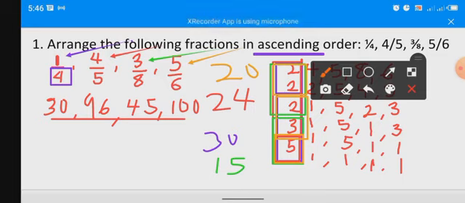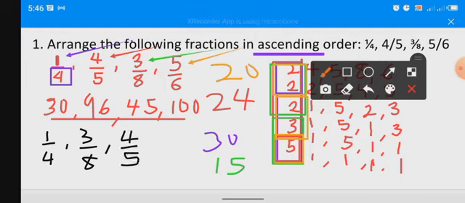So that means 1 over 4 is the smallest, followed by 3 over 8, which is 45. The next number is 96, which is 4 over 5. Then finally 5 over 6.